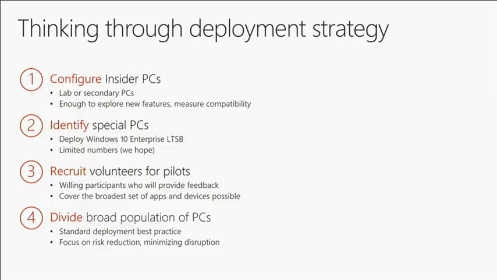So you want these volunteers willing to go and test this out and provide actionable feedback for you to take action on as an organization before you roll out the update to the rest of your org. And then divide your broad population into logical groups wherein you can tightly control and manage one phase or one group at a time and roll out your updates in a controlled fashion.